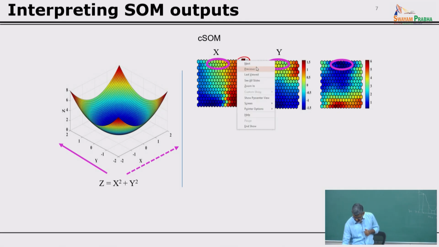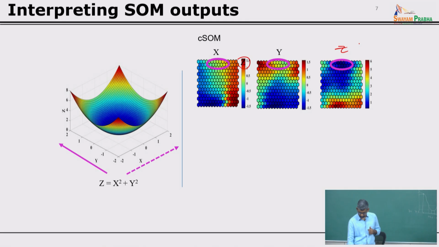Okay, there is some issue with the formatting. This is the Z part. So, when you take the 20 points and subject it to a CSOM algorithm, this is the plot that you get. How you interpret these plots is, if you are interested in minimizing the Z, you are interested in the color blue because that is where the minimum value is.